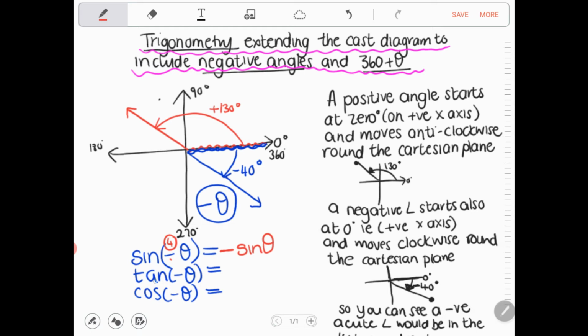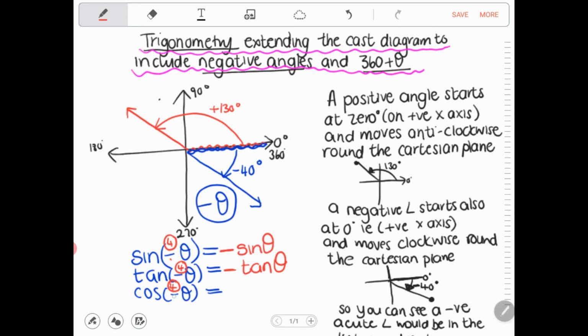All right, so tan of negative theta, where is negative theta? It's in the fourth quadrant. In the fourth quadrant, tan is negative because only cos is positive. So we write negative tan of the acute angle theta. And then cos, what quadrant is negative theta in? The fourth quadrant.